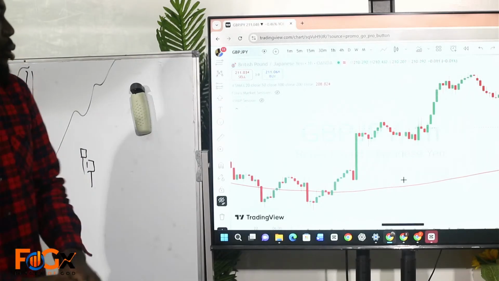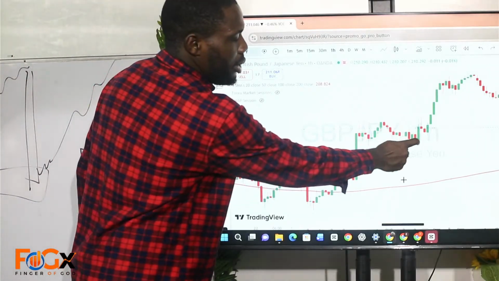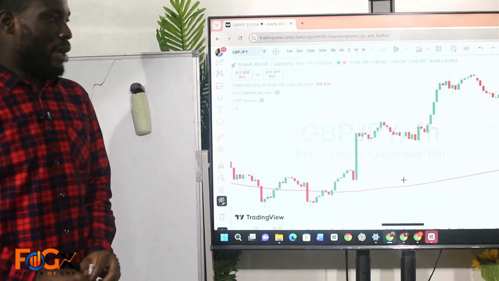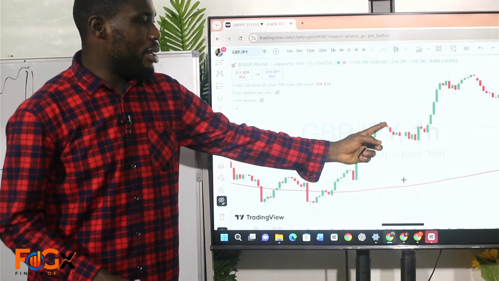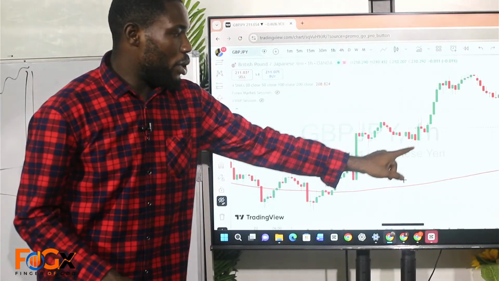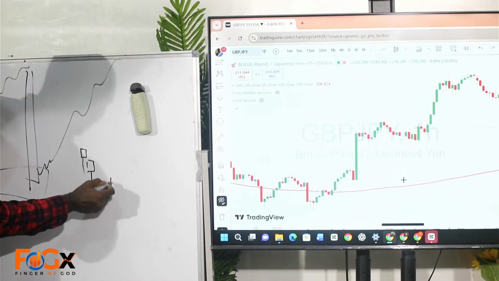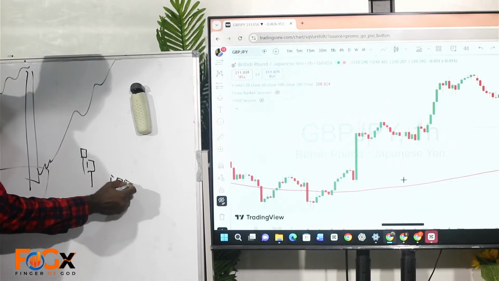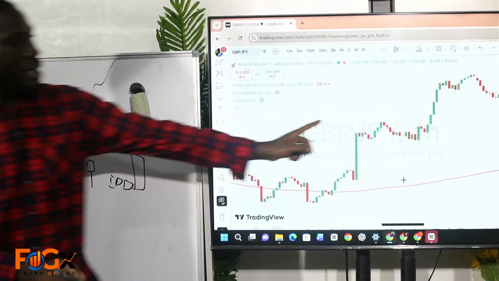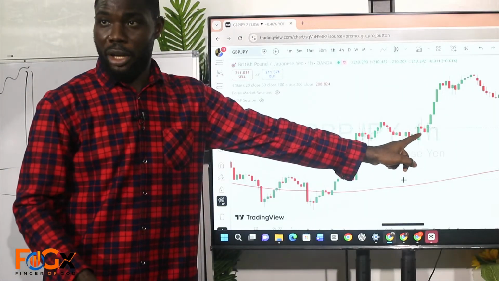Good. You can see here, this is a very good example, right? You can see we had a series of bearish candlesticks, but at this point we started having something like this. Then we had one big engulfing candle right here. Bullish engulfing.